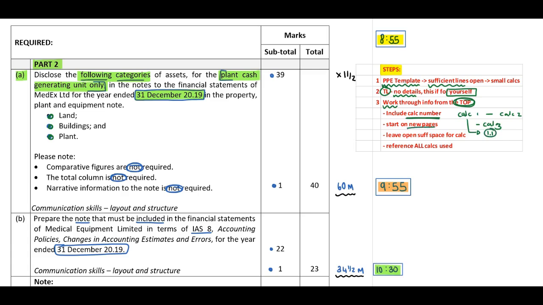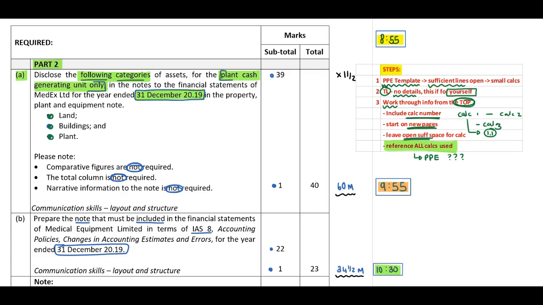Remember to start on new pages. Guys, leave sufficient lines open. And extremely important, you need to reference your calculations when you use them, and when you take them to your PPE note, indicate to your marker where is this calculation 1, 2, 3 or 4.